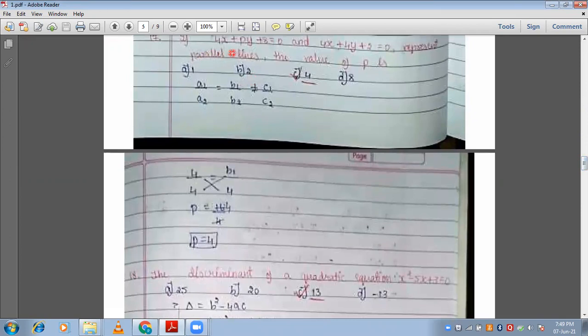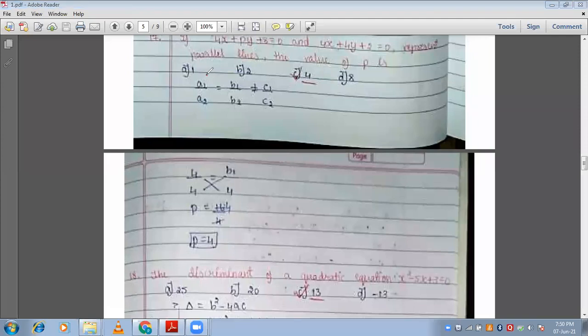17th question: if 4x plus py plus 8 is equal to 0 and 4x plus 4y plus 2 is equal to 0 represent parallel lines, then the value of P is? We know for parallel lines the coefficients satisfy A1 by A2 equals B1 by B2 not equal to C1 by C2.